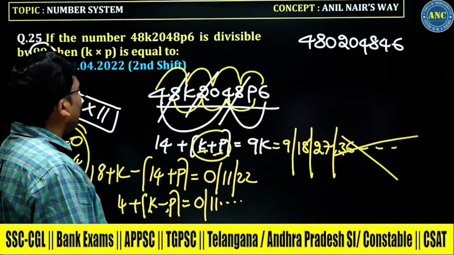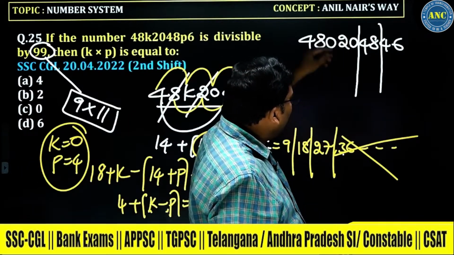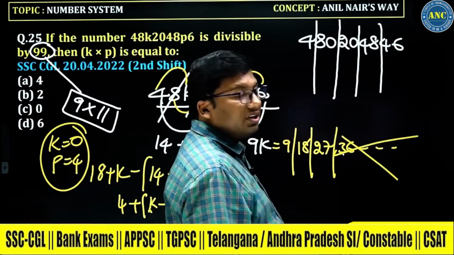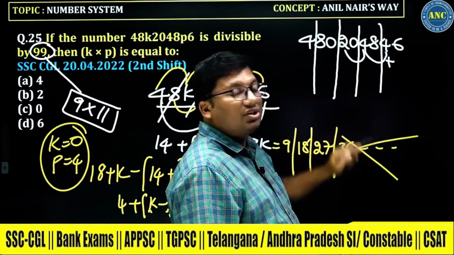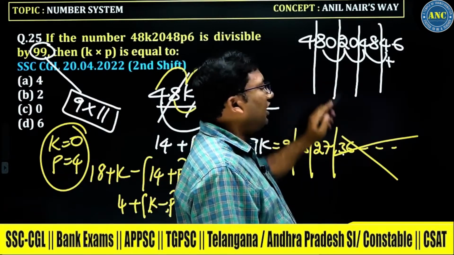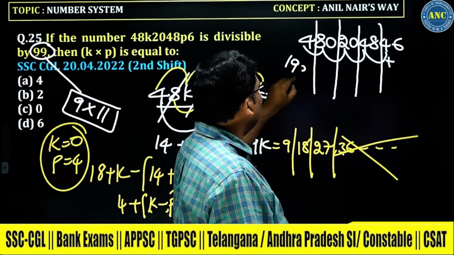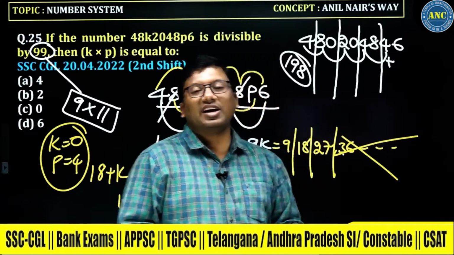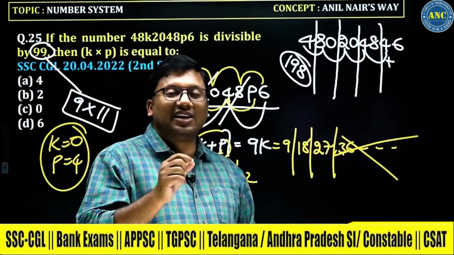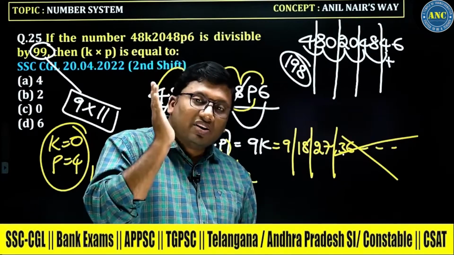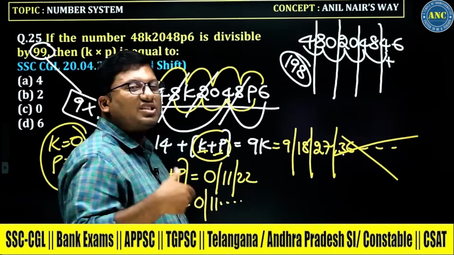What is the divisibility rule of 99? Take groups of 2 digits from the right-hand side and add them. 48 plus 6 is 94, plus 20 is 114, plus 80 is 194, plus 4 is 198. 198 is 99 into 2, so it is perfectly divisible. I substituted the values K is 0 and P is 4 just to check.